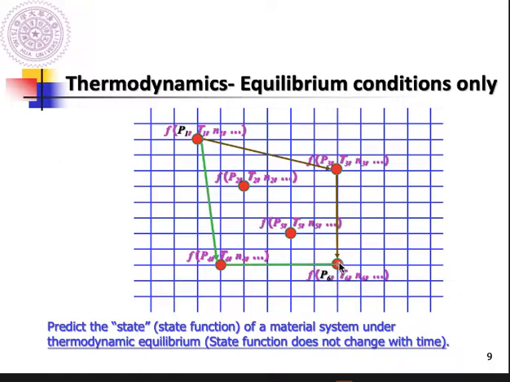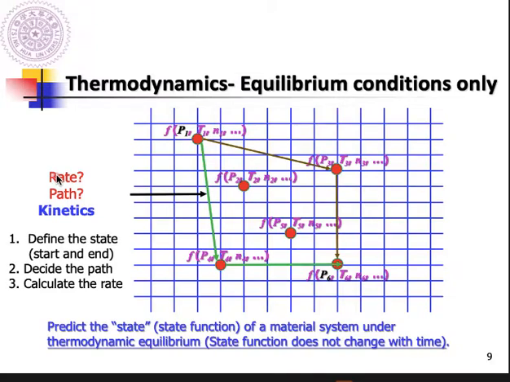So thermodynamics helps you to define the state, because your state does not change with time. But kinetics just tells you what the kinetics is. Kinetics focuses on which path you choose and what the rate is by choosing that path. So in a kinetics process, first of all, you need to define your start and ending point.